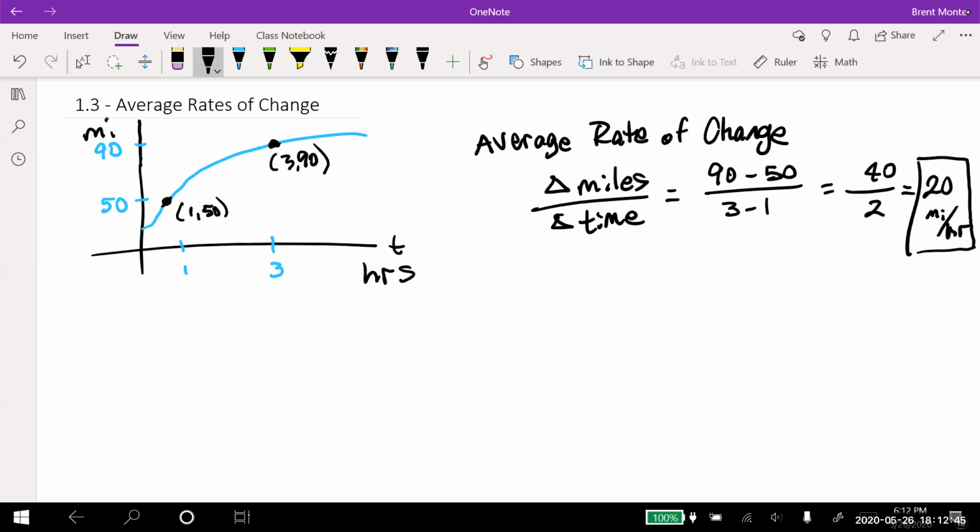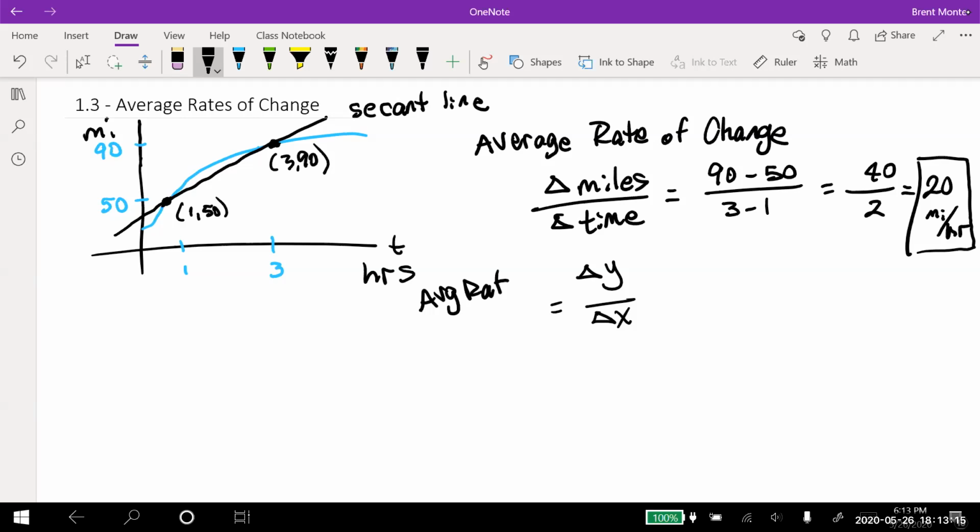Notice what that is. If I draw a line through these 2 points, we call that a secant line. A secant line just goes through 2 points on the curve. What I really found was miles over time. Does that look familiar to you? That was the change in y over the change in x. We're saying that's my average rate of change.